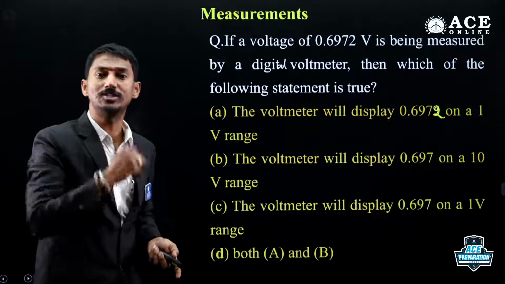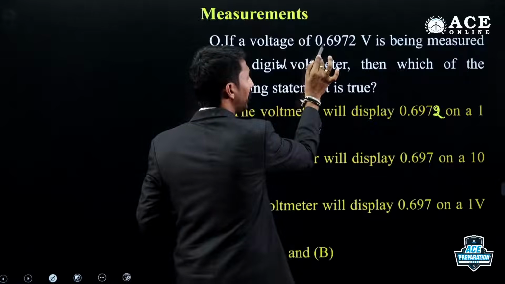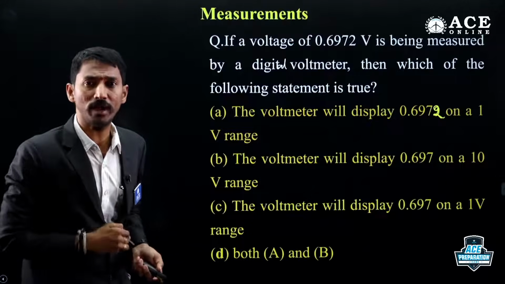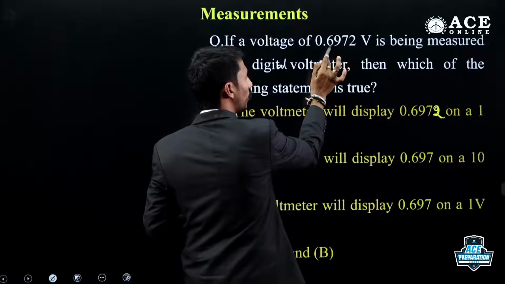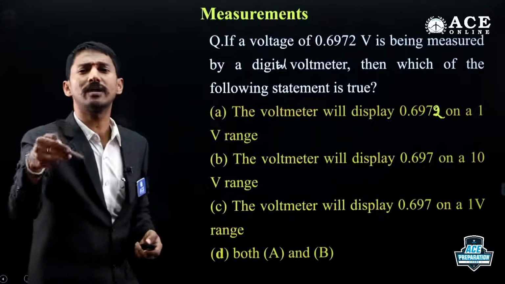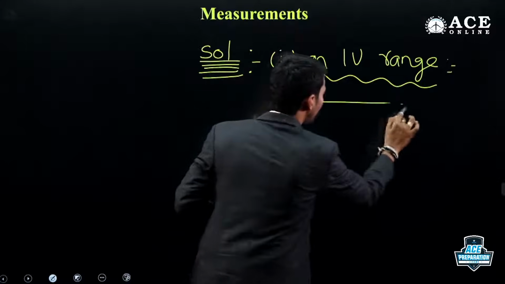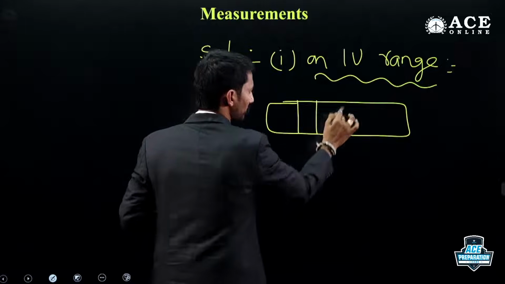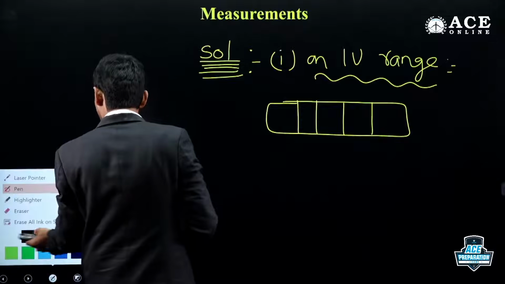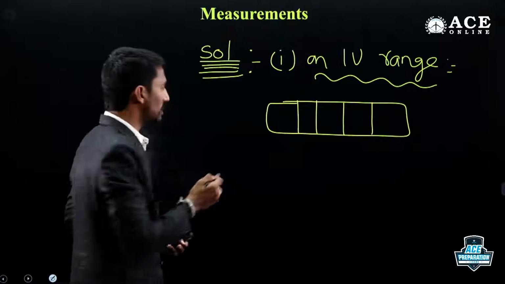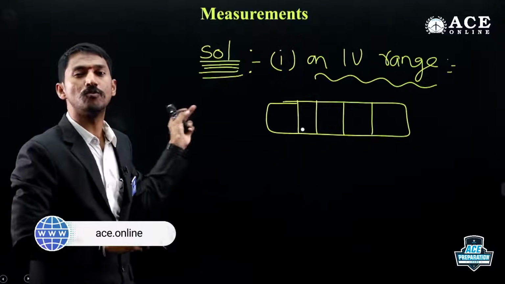Where will the decimal point be here? This is the first digit, second digit, third digit, fourth digit. This is generally a 4.5 digit type of meter.